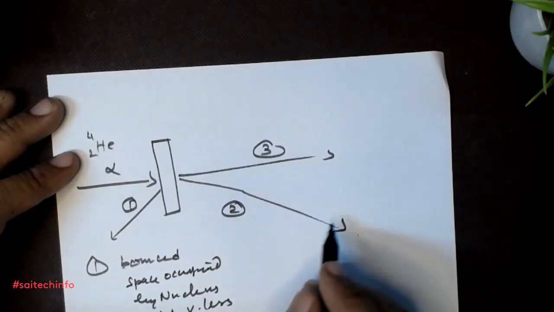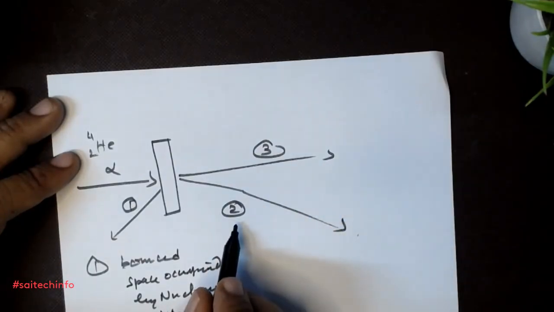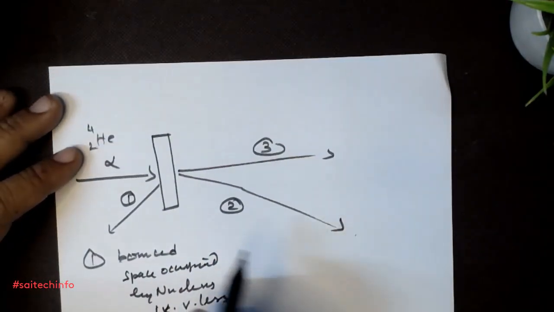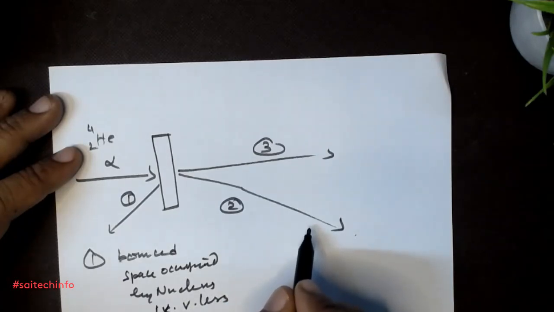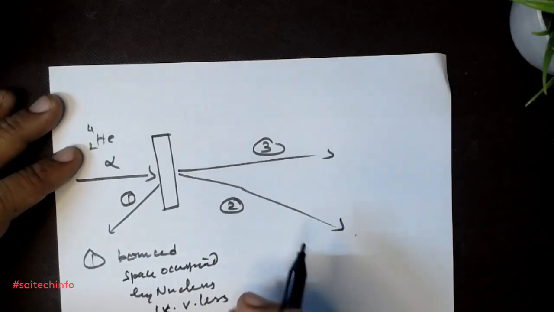It means because of the presence of electrons, they are attracted. So he was able to infer that because of the presence of electrons, they are deflected.